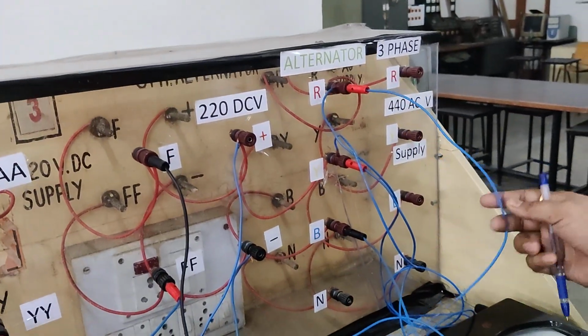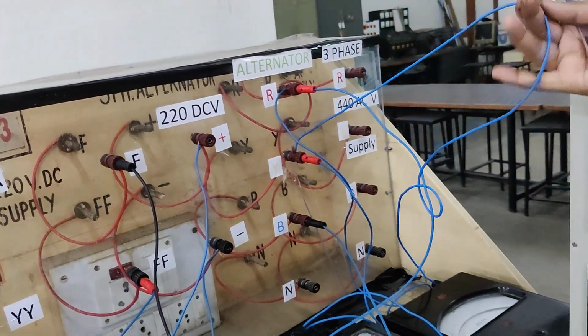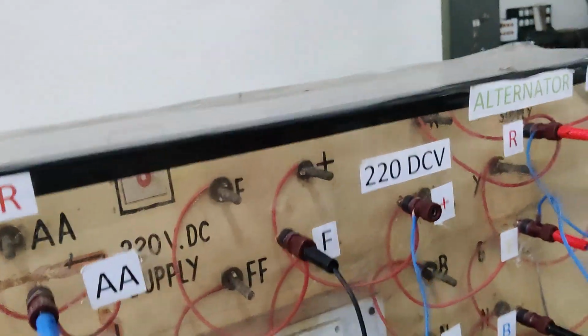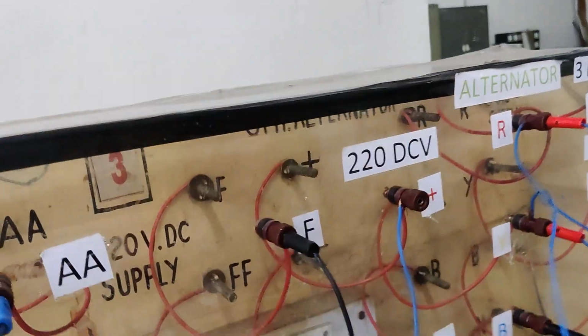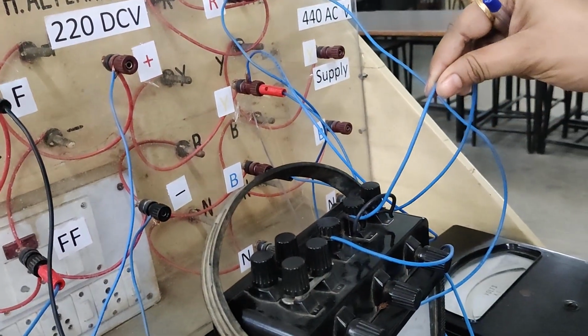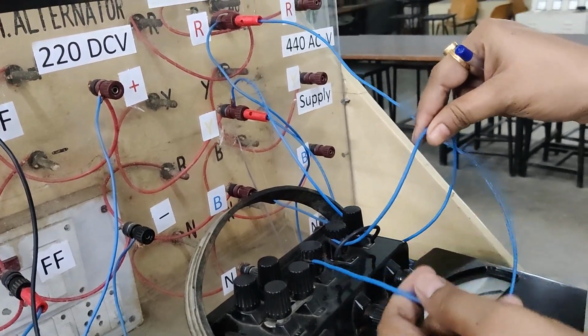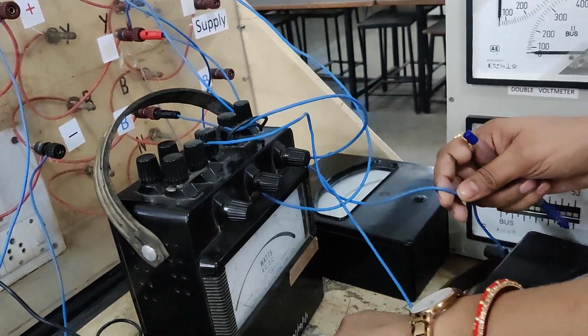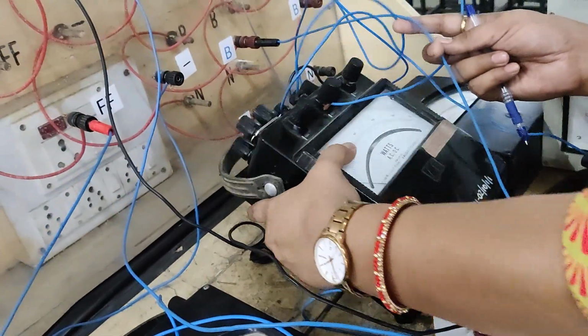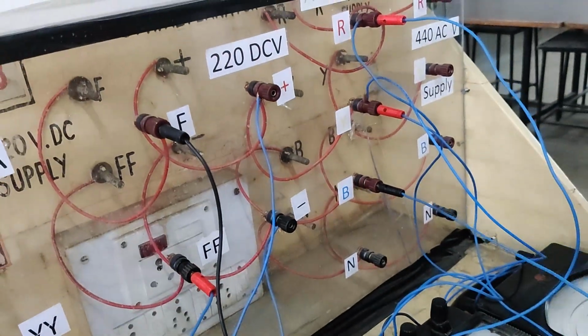You can see that Y phase is connected to the M terminal of the wattmeter, and the L terminal of the wattmeter is connected to the ammeter, the ammeter to the switch, and the switch is connected to B phase of the machine.